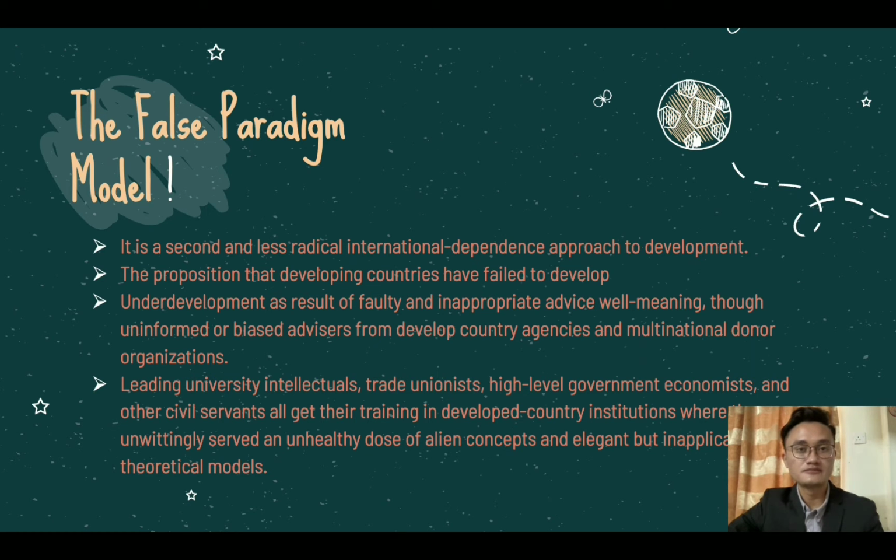Leading university intellectuals, trade unions, high-level government economists, and other civil servants all get their training in developed country institutions, where they are unwittingly served an unhealthy dose of alien concepts and elegant but inapplicable theoretical models. This creates more problems and keeps the undeveloped country in the same situation.